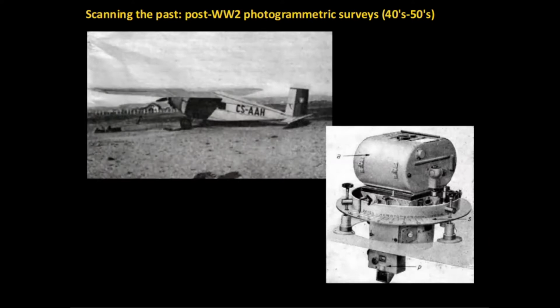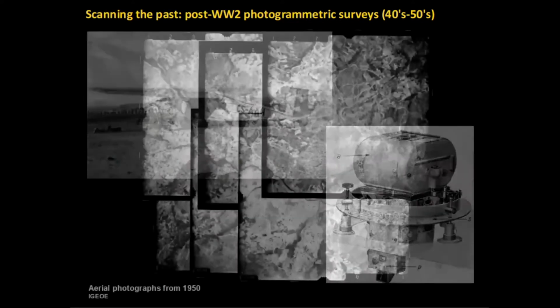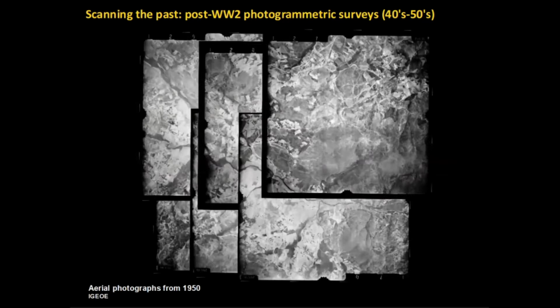Another interesting branch, and I'll be very quick just to finalize this, is that we can really scan the past because we have data from the past. Just after the Second World War, there were several campaigns of aerial photography aimed to make a systematic cartography of all Europe. The Americans started it, then the British also made a survey, and the Portuguese authorities also made a survey.